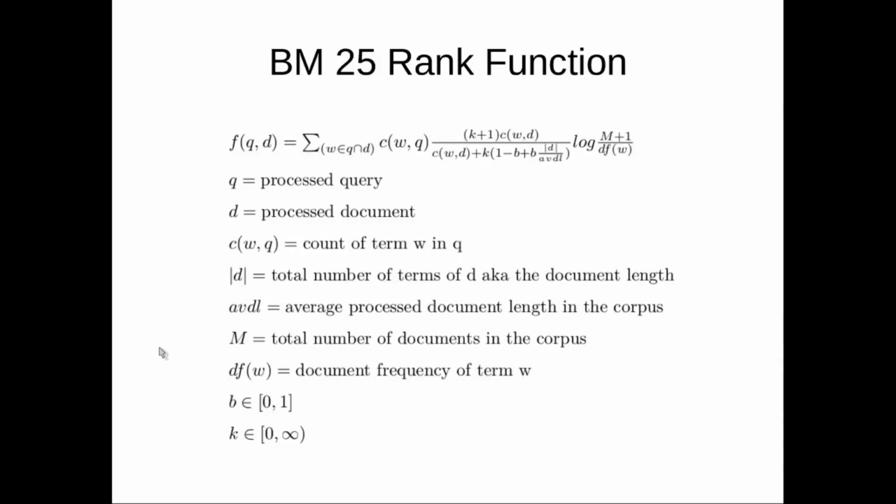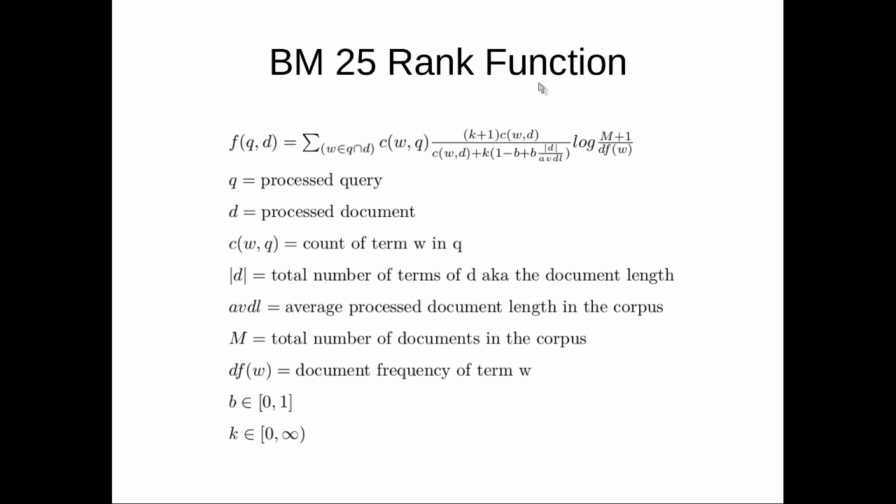Okay, so before I talk about the next set of advanced techniques that we decided to implement, I think it's a good idea to understand the technical background of why we had to do it. So here is something called a BM25 rank function. You might be wondering what we're using this for.